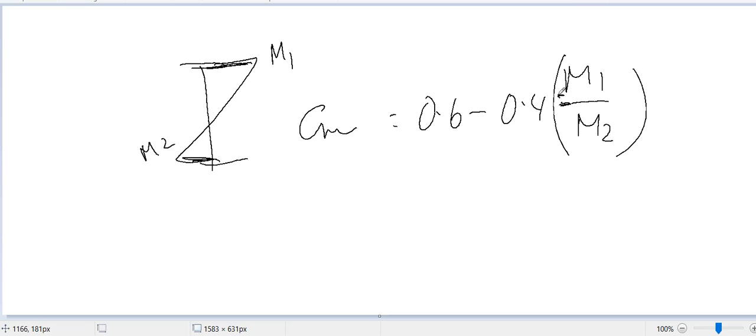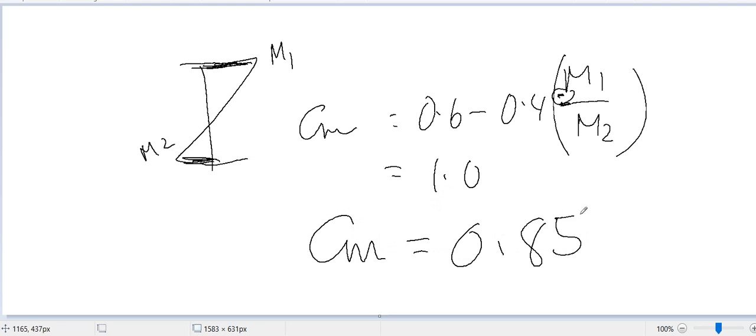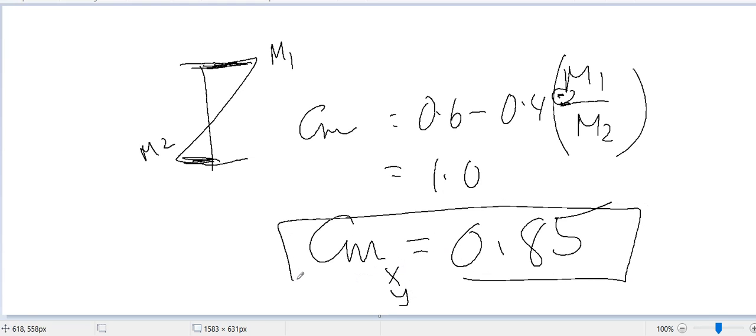If the moment in both cases is equal, then it is 1. But to be safe, no need to worry about Cm. Always use 0.85, Cmx or Cmy, whatever it is. It is somewhere in your book, so always use 0.85 to be safe. If you use this, you will be safe. So I will advise you not to worry about Cm.